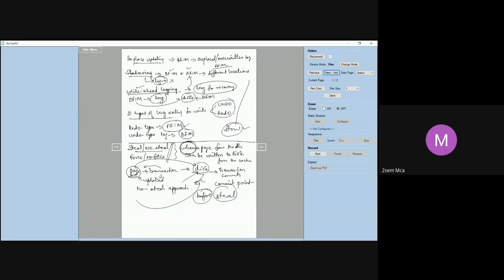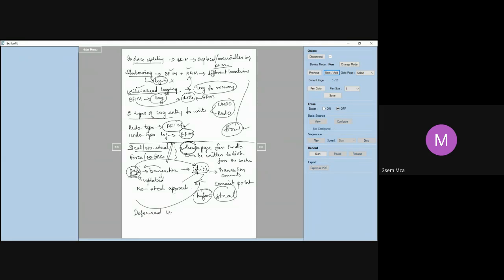In yesterday's class, we saw two updates. Do you remember? Deferred update and immediate update. Deferred update means the transaction will make all its updates in local copies in the transaction's temporary workspace. Only after the transaction commits is it going to update the disk or the database.